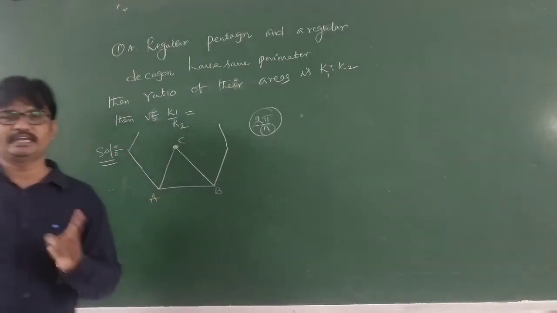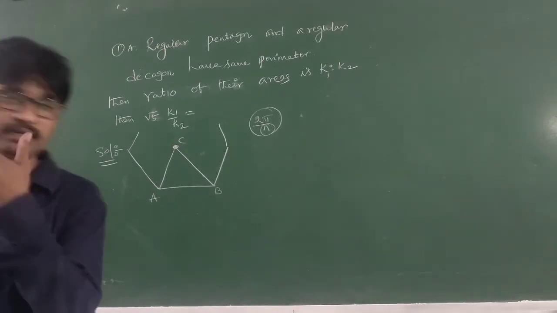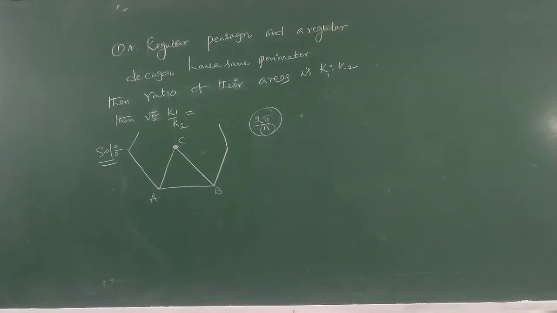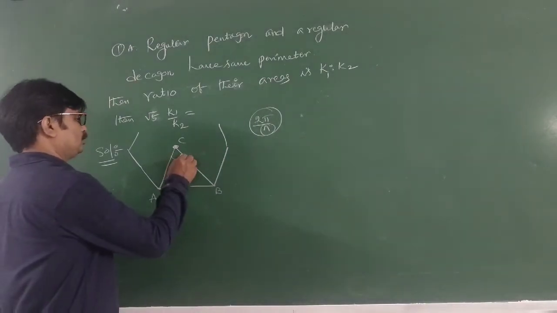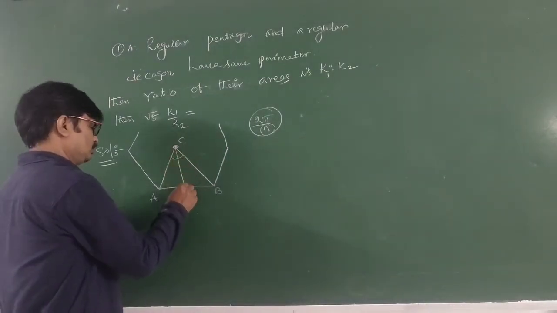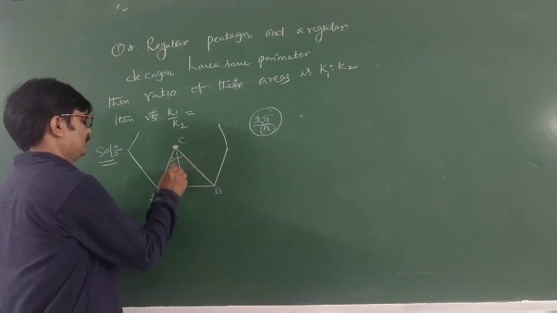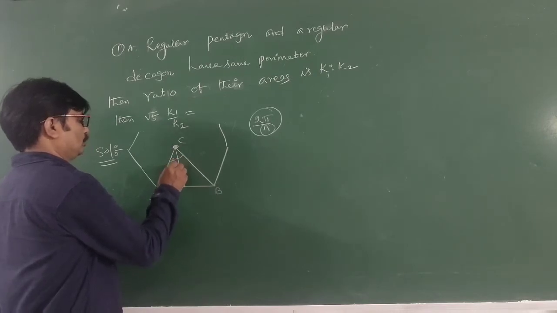Each side subtends an angle at the center of the polygon, which for a regular polygon is 2 pi by n, where n is the number of sides. So this total angle is 2 pi by n, and half of it is pi by n.